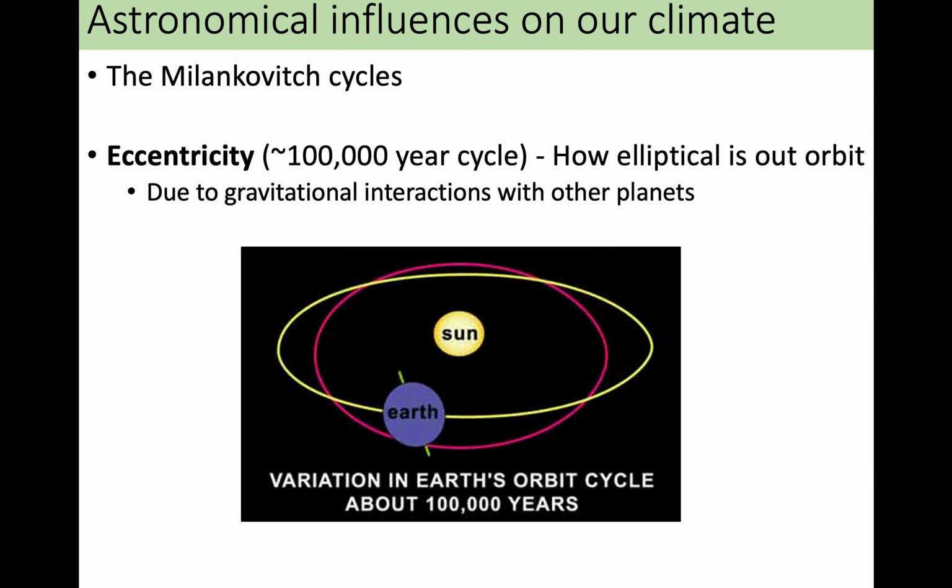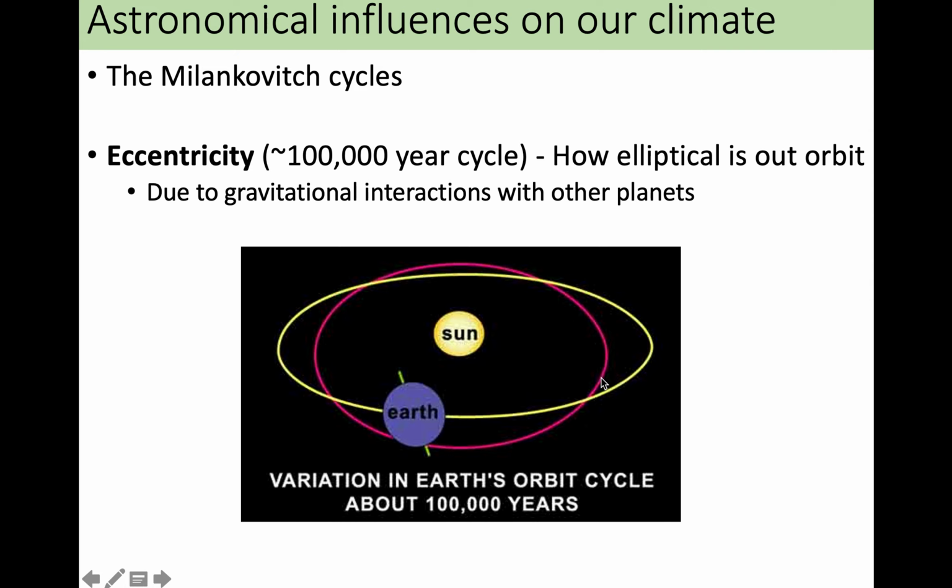Eccentricity, this is how elliptical our orbit is. Our orbit around the sun actually changes. The cycle is about 100,000 years. So we go from a more elliptical orbit like this yellow one to a more circular orbit like the pink one.